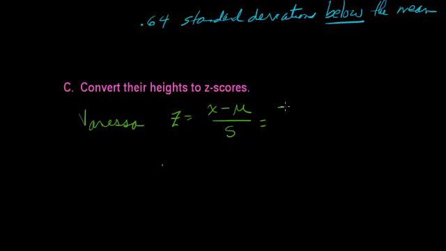So Vanessa's height was 70, the mean height was 63.6, the standard deviation was 2.5 inches, and we get 2.56, which is actually what we saw before. We just did it in steps. First we found the difference. What's the difference between her height and the average height? Well, how many standard deviations is that? So we divide by the standard deviation. So that's really the thought process of this formula.